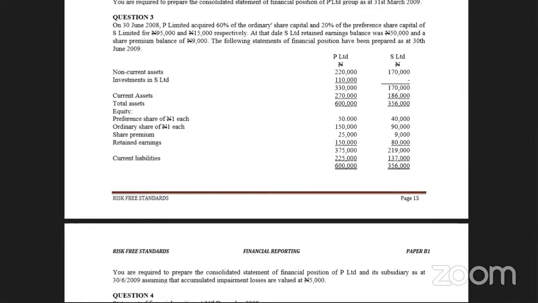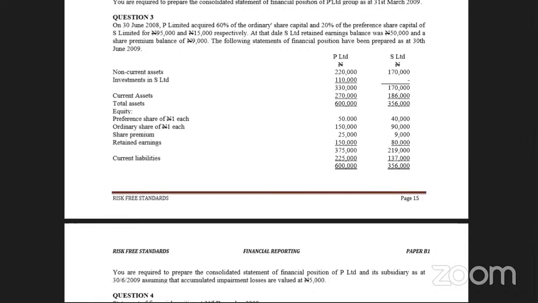Okay. What does this show us? If you see in this question now, we are not only having one transaction. We're told that he bought S Limited's ordinary share capital at 60% and preference shares at 20%. In this case, you are going to see our goodwill affecting two events. Our consolidated goodwill is going to have the combination of both equity and debt goodwill, and that is what we need to pay attention to.